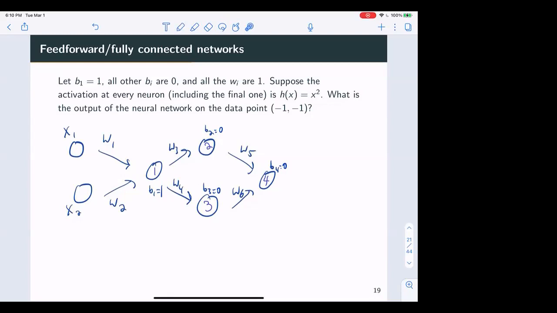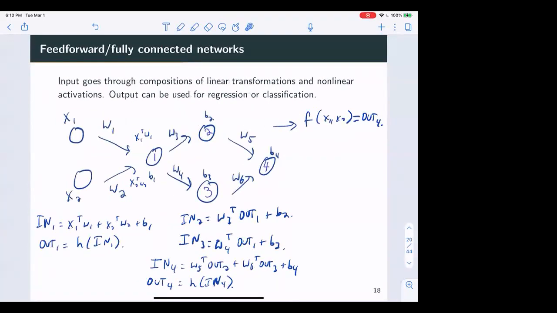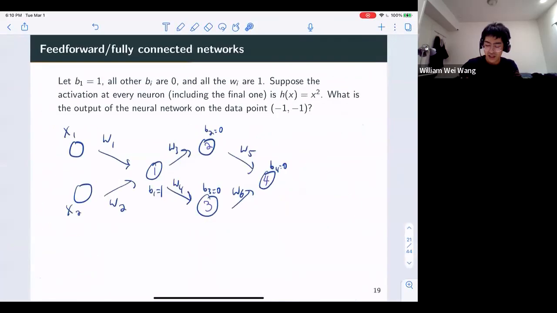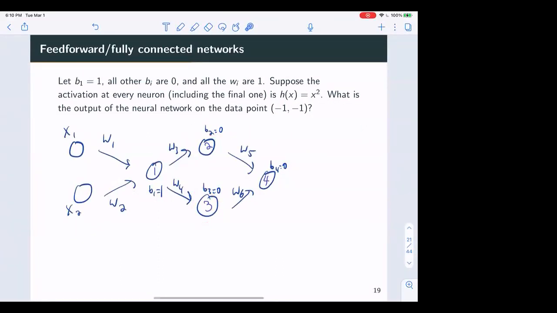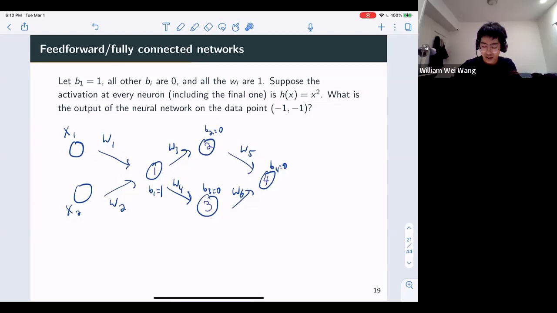So the activation h that I described is x squared, which means that at each of these neurons, including the final neuron, you're going to be applying x squared. If I supply x1 equals -1 and x2 equals -1, then what's the output of the neural network?